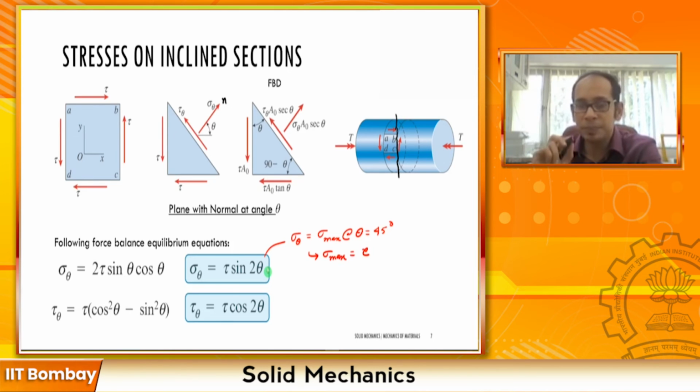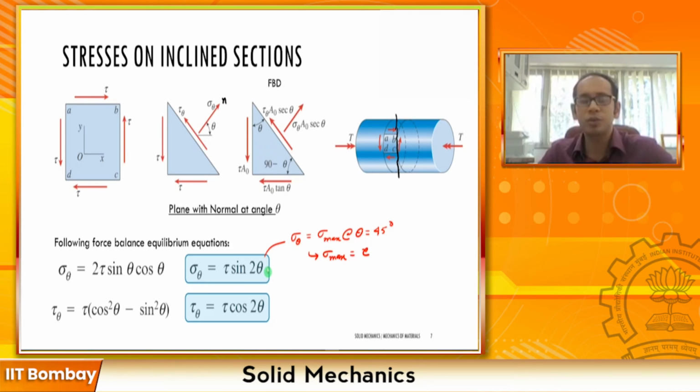Again, please be clear about this: sigma max equals tau doesn't mean that your normal stress is becoming shear stress. It is just that the magnitude of the normal stress becomes equal to the magnitude of the shear stress that the section experiences when applied the torque T over here, right?